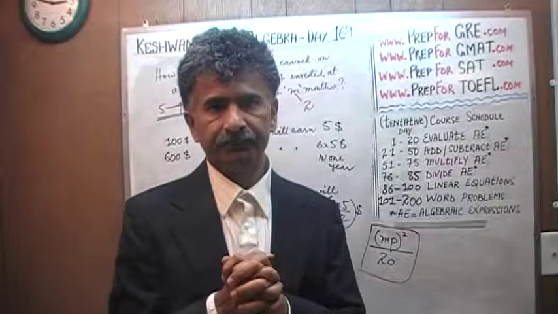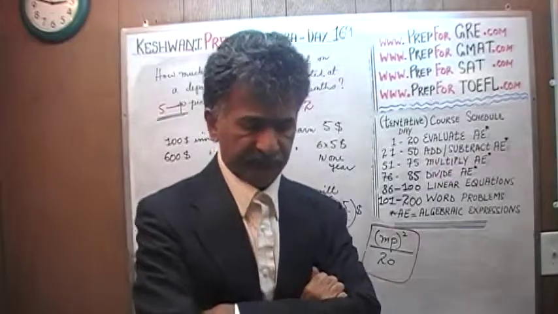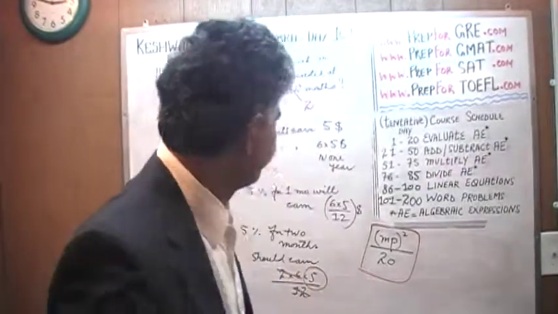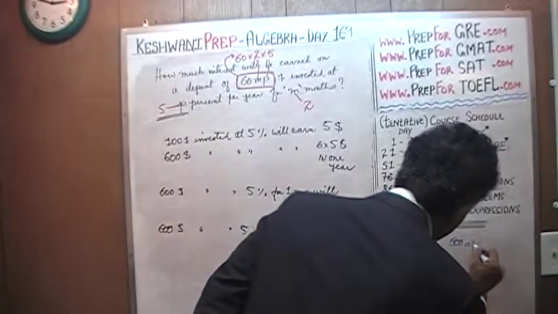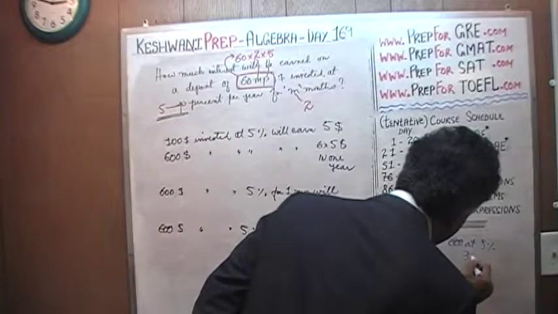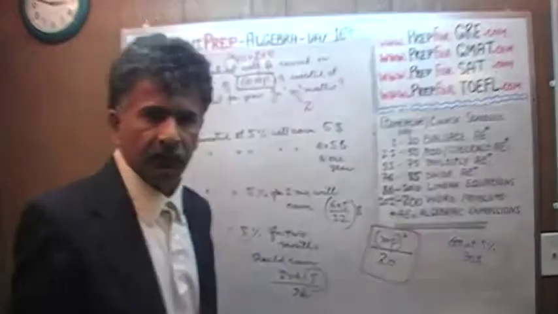First of all, let's see if it makes sense. $600 invested at 5% gives us $30 in a year. Okay, listen carefully.